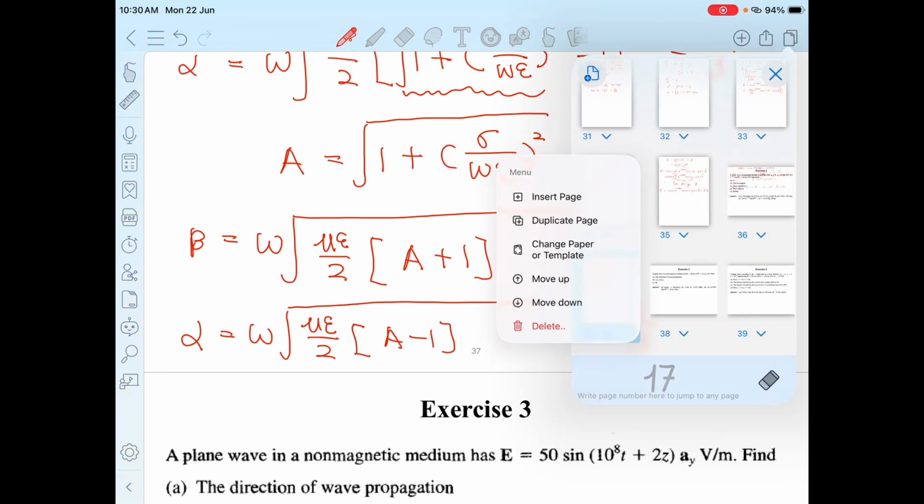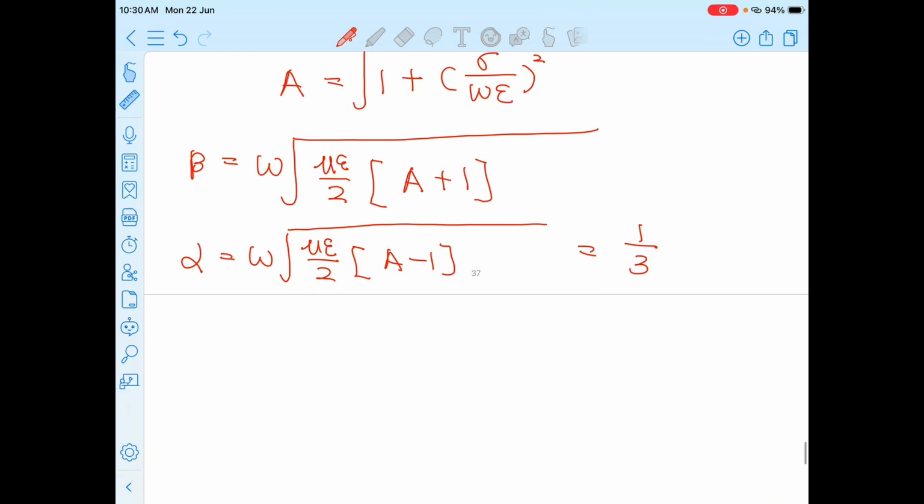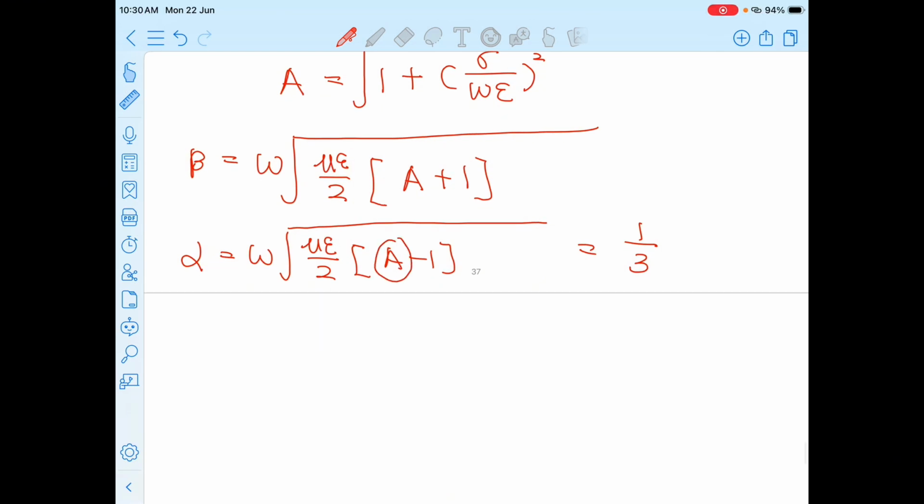Now let's find the a, so that I can replace the a here. Find a.